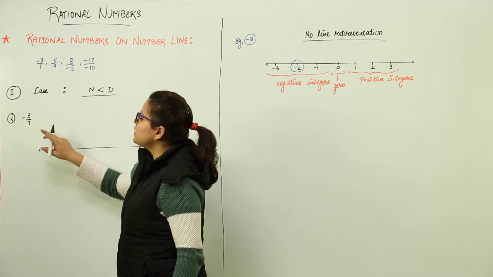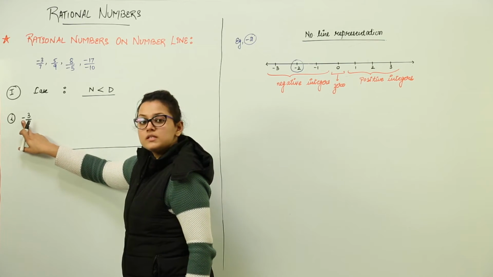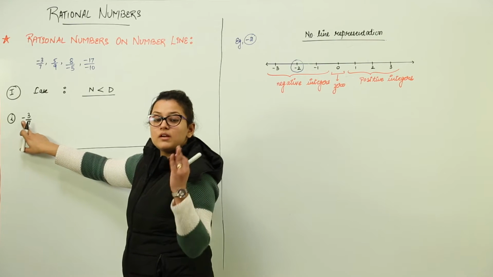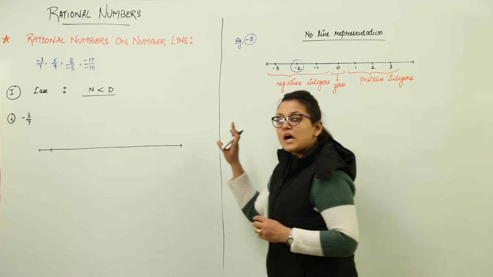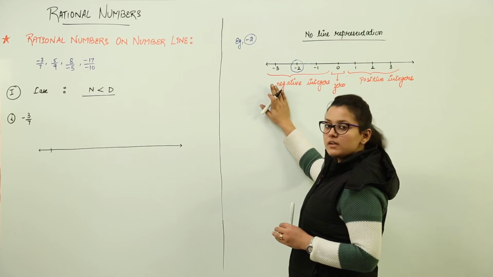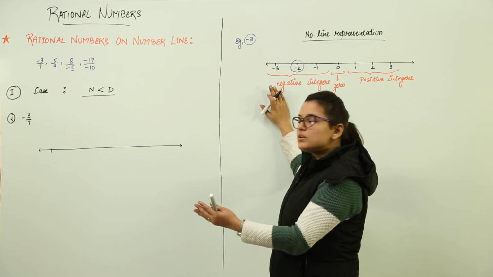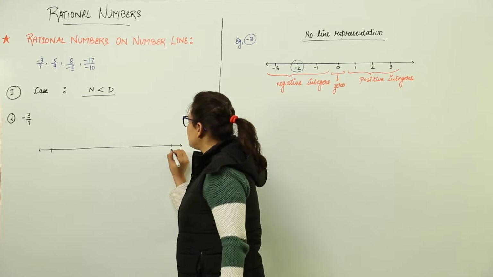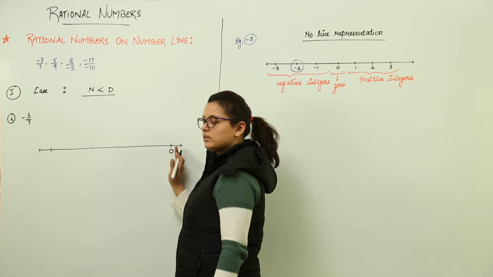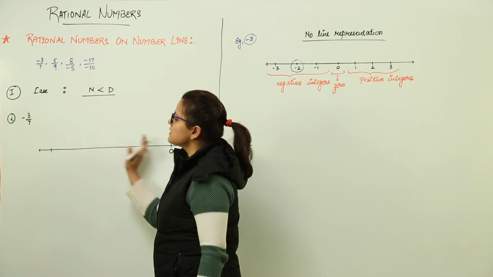One more thing you need to make sure is that this number is negative. So definitely this number is going to lie on the negative side, that is on the left hand side of 0. So you will be required to mark a 0 on the right, and the number is lying somewhere here.